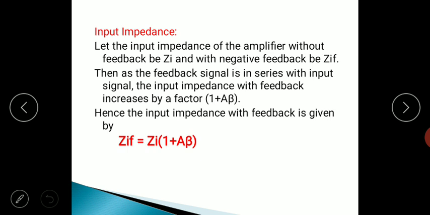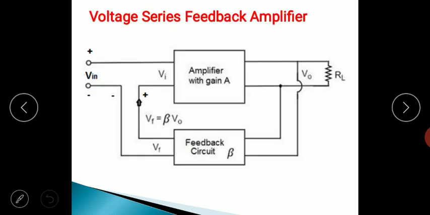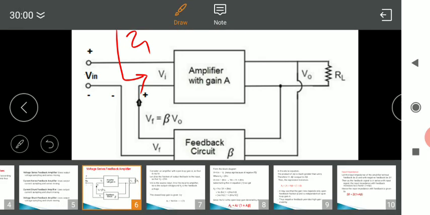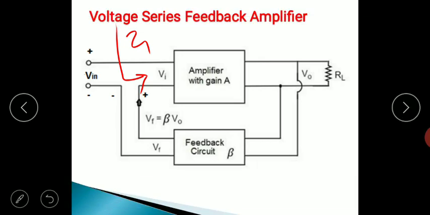Now the first important parameter is the input impedance. Now what do you mean by input impedance? The impedance seen into the input terminals of the amplifier is called input impedance. So if you see from here what is the impedance, if you write it as Zi without feedback, and with feedback we can write it as Zif.